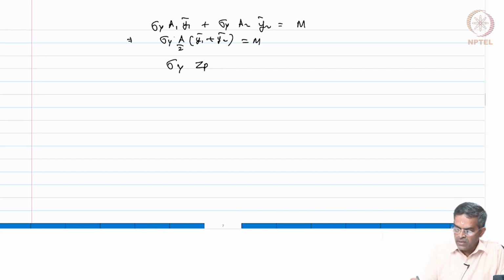If I use this term as Zp, then this becomes my Mp, am I right?